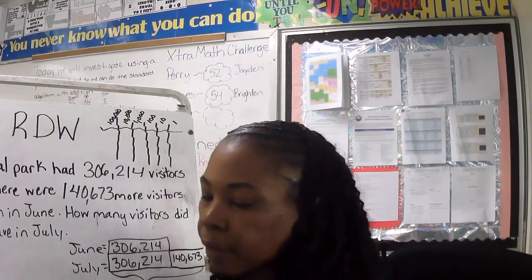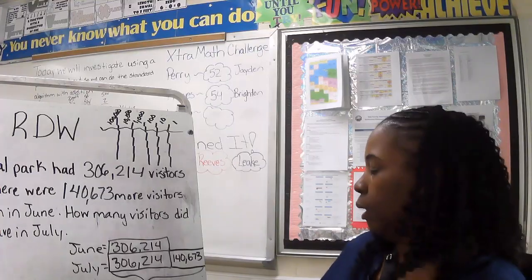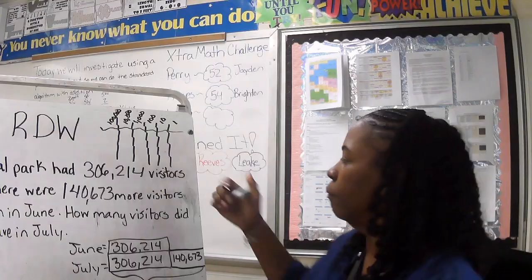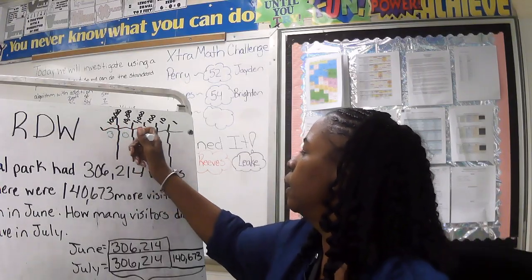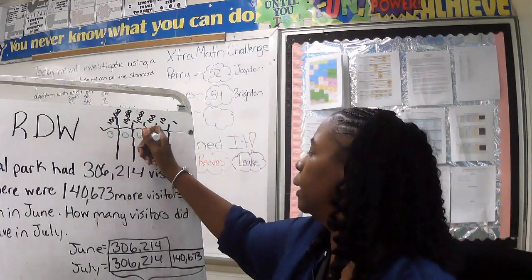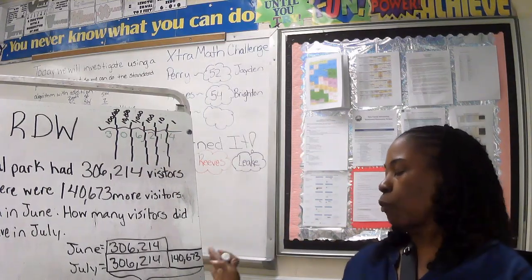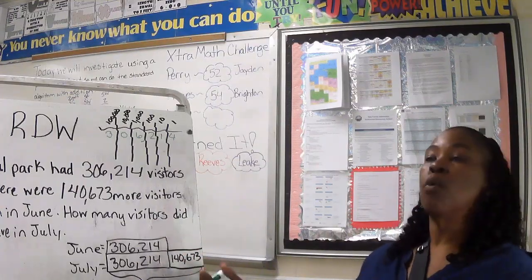So let me get another color. Okay, so I'm going to write the 306,214. 306,000, commas, 214, and there were 140,673 more than June.